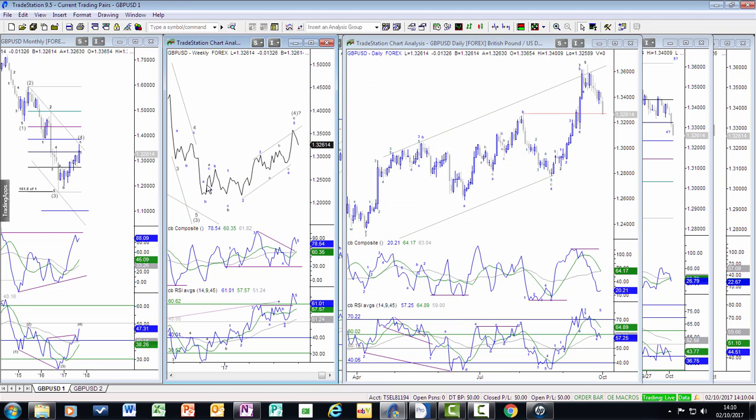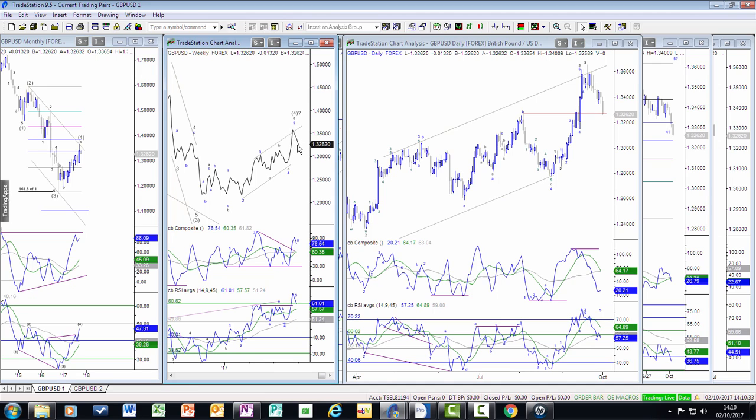We would have a 3-wave A, B, 1, 2, 1, 2, 3, 4, 5 for wave 3, A, B, C, and look at the C wave in a daily chart. 1, 2, 3, 4, 5, and then that final 5th wave, possibly, if it is a 5th wave, and again a trend line from 2 to 4 projected from 3, and the market has reached that and is now declining.